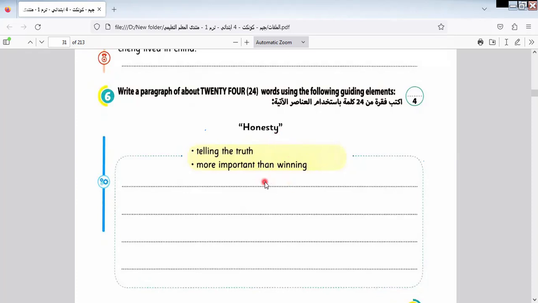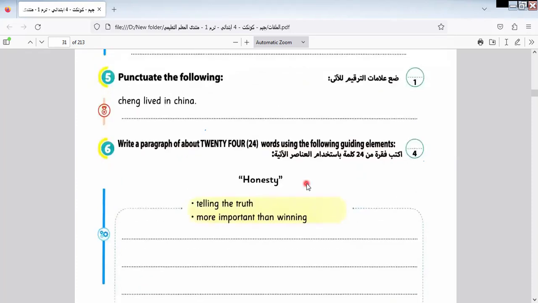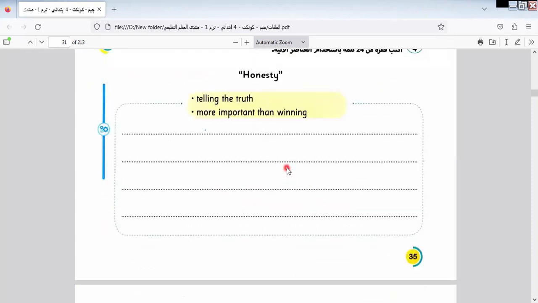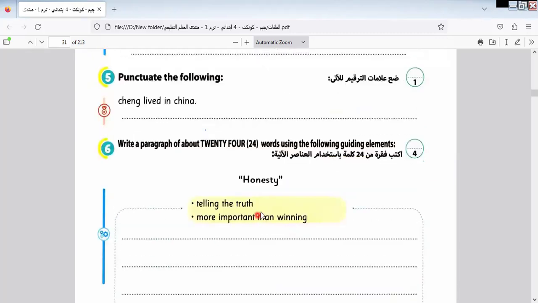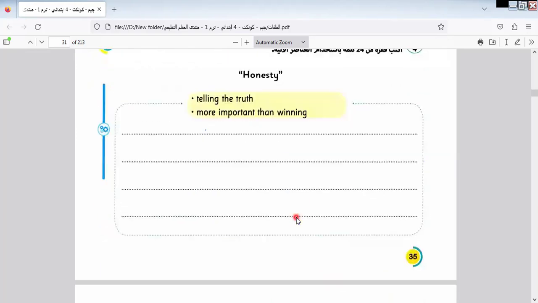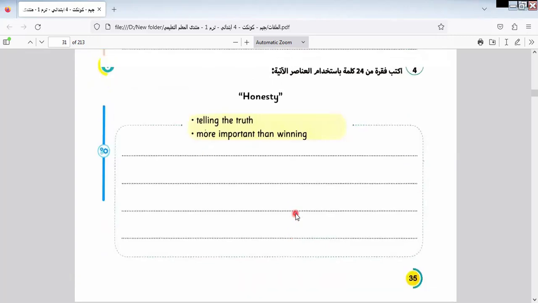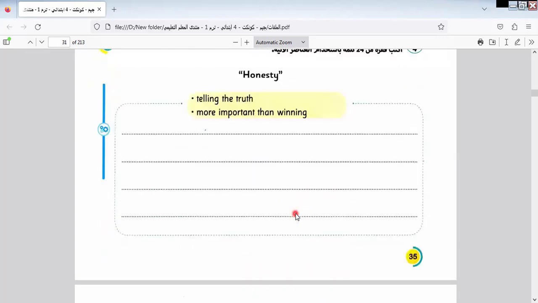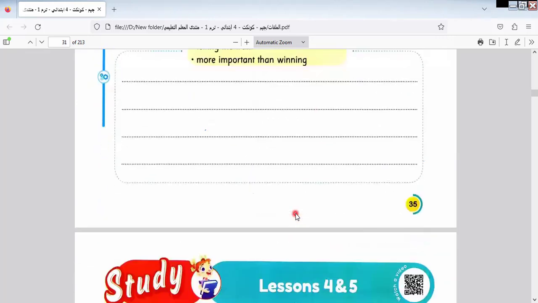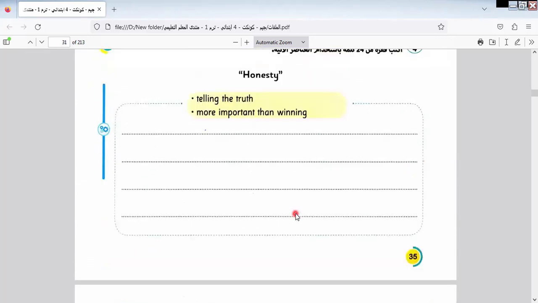It's important, as we know in the story, that Qing won the competition because he is honest. This is some sentences about honesty, and you can think and write according to your understanding. I will make you a video about writing paragraphs.